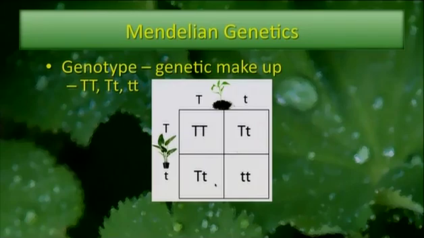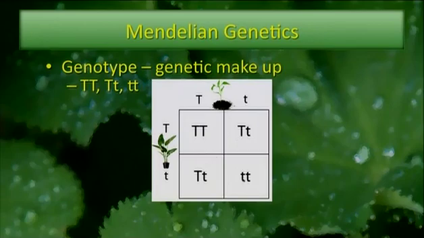So you have a 3 to 1 phenotypic ratio, and a 1 to 2 to 1 genotypic ratio, or the genotypes: 1 homozygous dominant to 2 heterozygous to 1 homozygous recessive. But you'll have 3 tall to 1 dwarf in terms of the phenotypic ratio.